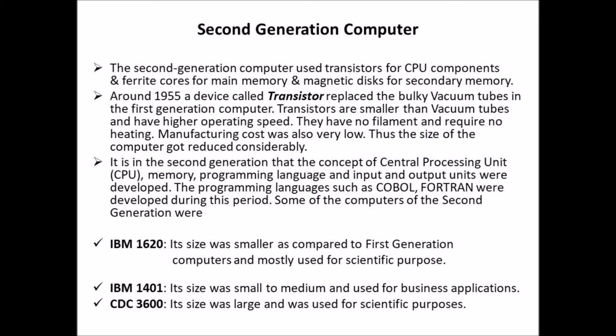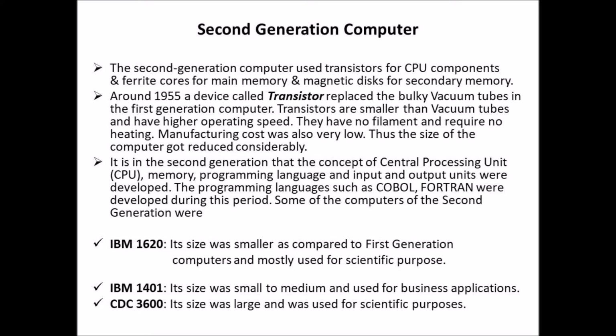It is in the second generation that the concept of central processing unit, memory, programming language, and input and output units were developed. The programming languages such as COBOL and Fortran were developed during this period. Some of the computers of the second generation were: first one, IBM 1620.